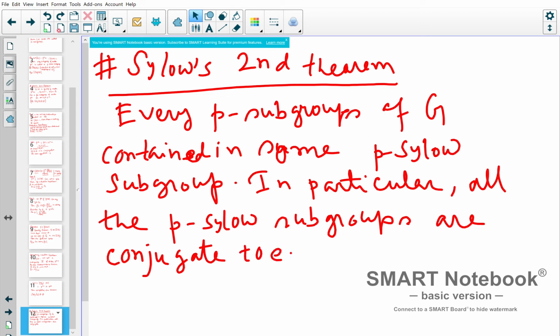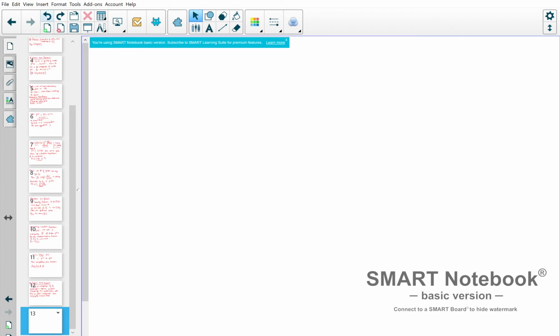So what does it tell? Whenever you choose a p-subgroup, it will be sitting inside a Sylow p-subgroup, and whenever you choose any two Sylow p-subgroups, they are conjugate to each other, right? Now, these theorems are non-trivial, so you need to understand them properly. Okay. So start with the proof.